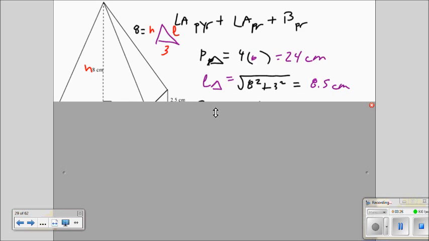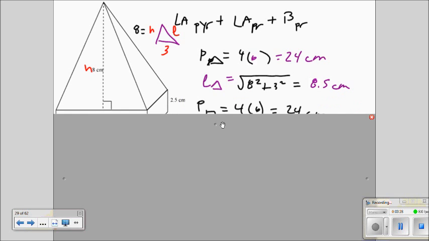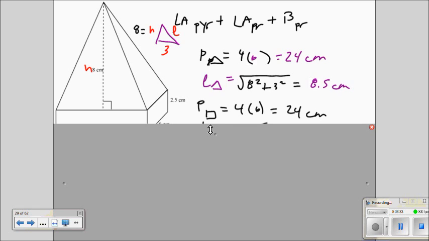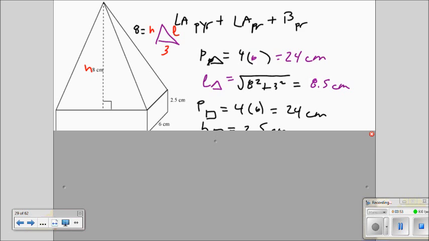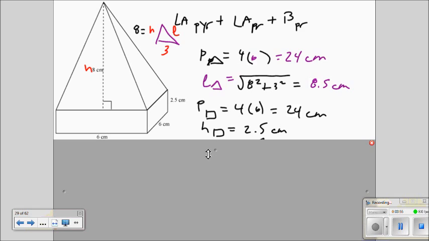Now for our prism. We need to know the perimeter of the base. Again, it's the same base as it was for the pyramid. So that's why the base perimeter is going to be the same value, 24. And then the 3D height of my prism is represented by 2.5 centimeters.